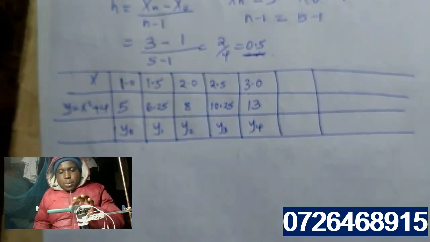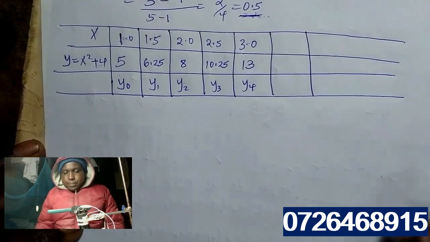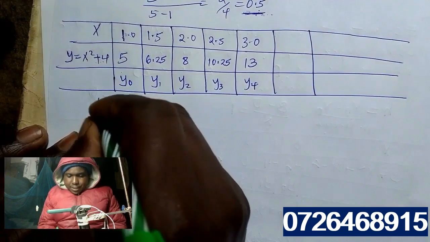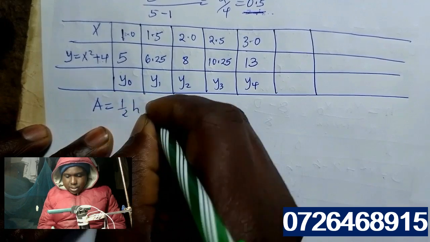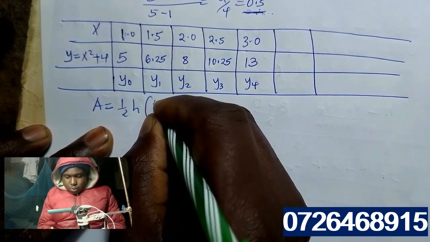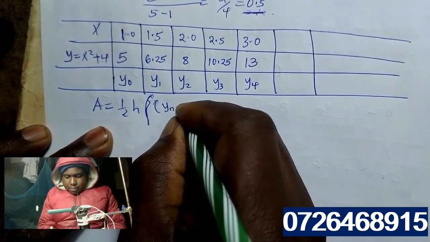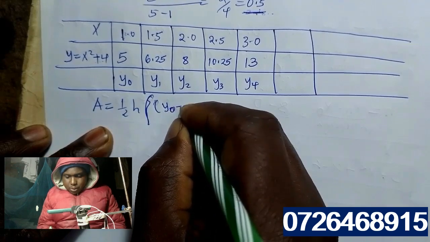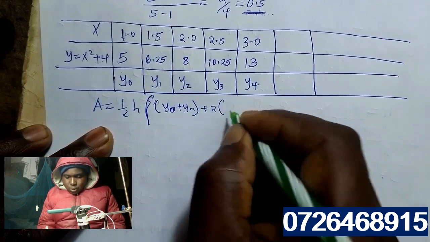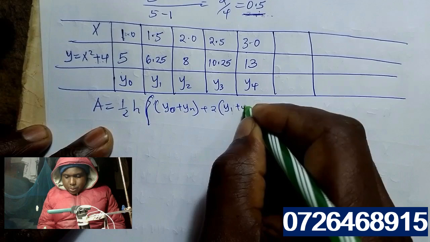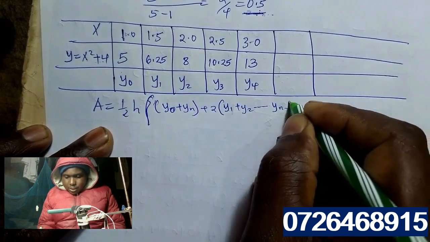Go back to the formula and apply it now. Area by the trapezium rule is given by a half h into the big bracket, y naught plus yn, plus 2 into y1 plus y2 all the way to yn minus 1.